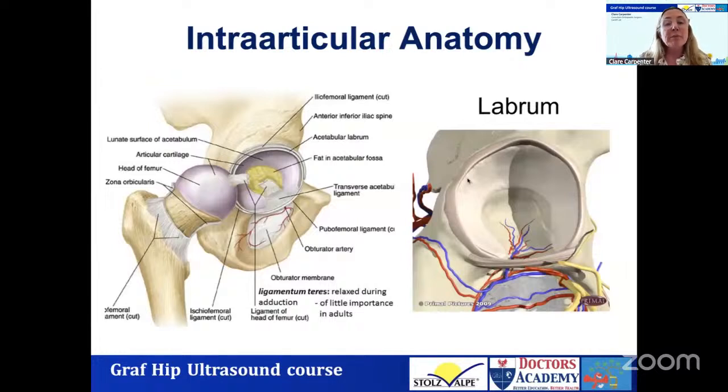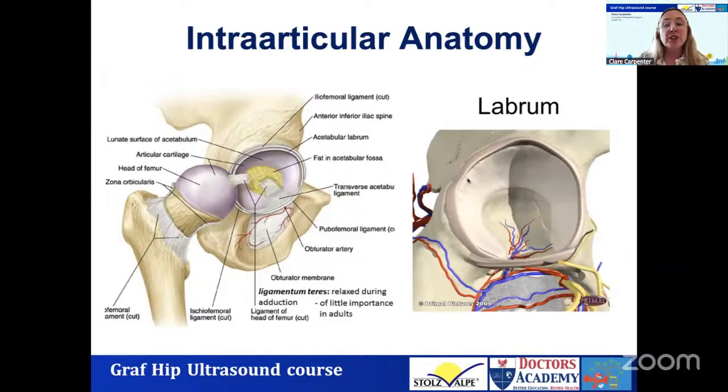The acetabulum is covered with hyaline cartilage, and in fact, the immature roof of the hip is largely hyaline cartilage when you see it on ultrasound. And it is deepened by the circumferential fibrocartilaginous labrum, which again is essential when we talk about anatomical locations within the neonatal ultrasound.